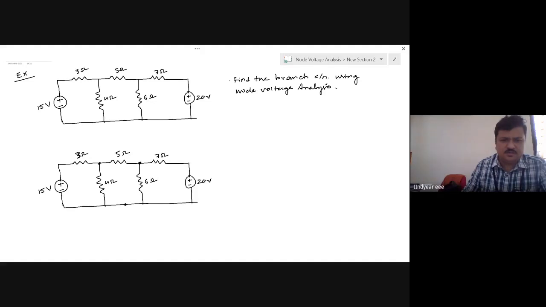These all are the same nodes. I need not again name the corners. That is not necessary. Node 1, node 2, node 3. Since node 3 is connected with the most number of branches, I will declare node 3 as the reference node.